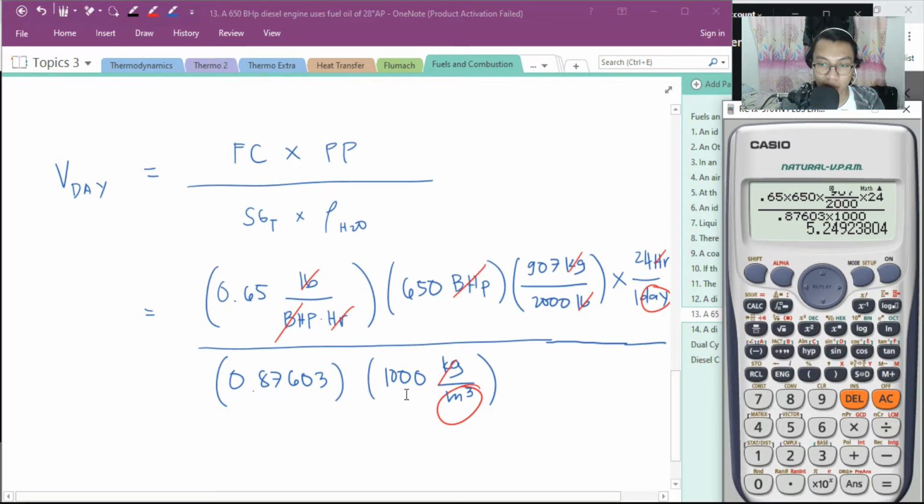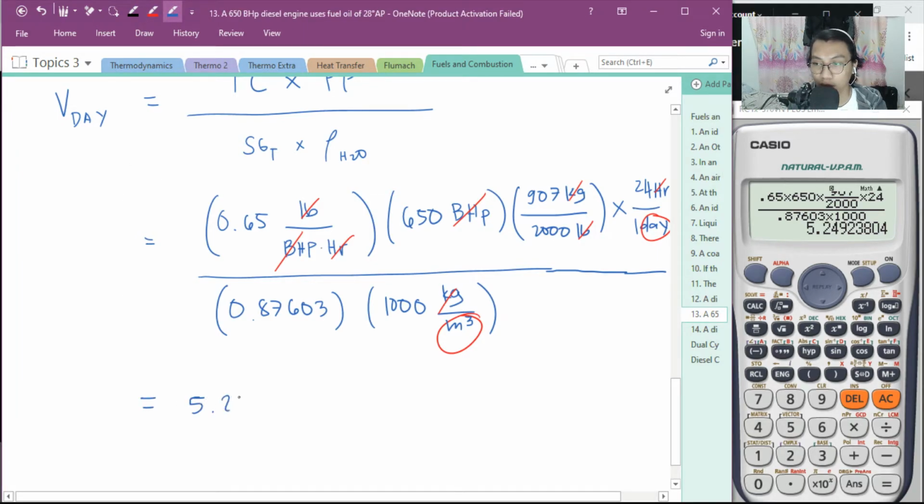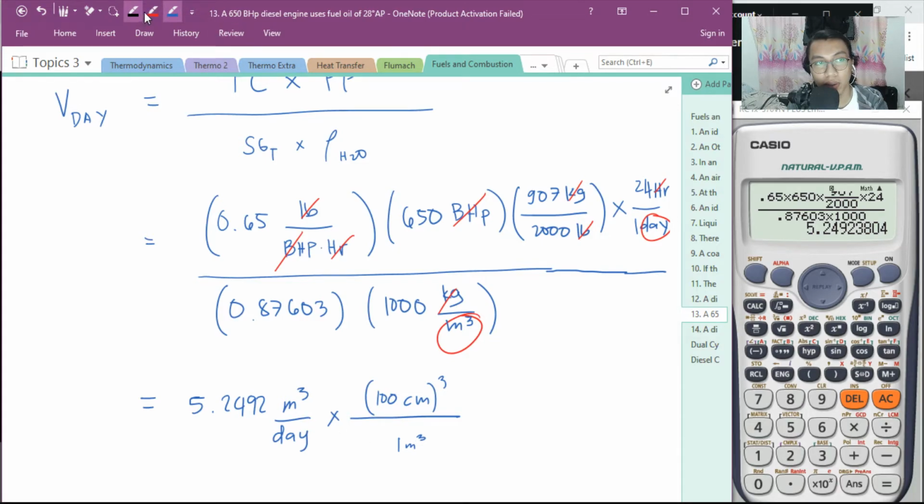The answer is cubic meter pa lang yan. So, that is equal to 5.2492 meter cube per day. Kailangan natin is cubic centimeter. O di, 100 cm cube, 1 meter cube. Cancel natin yung meter cube.